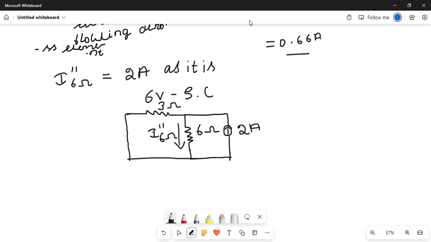For this I am supposed to apply the current divider rule, CD, that is current divider rule.